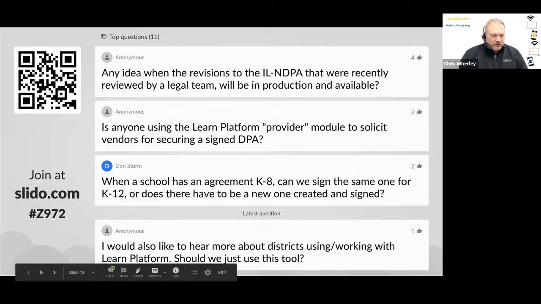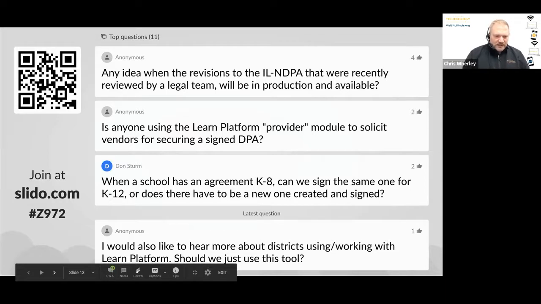The Illinois NDPA that's in place right now, there's nothing wrong with that document, nothing that says it can't be used, and it'll be a legal document moving forward. Right now, they're just in the review. I don't have a date on when that will be changed or updated, or if it will be at this point. So I think you can continue to use the Illinois NDPA version 1, and we'll continue to use that.